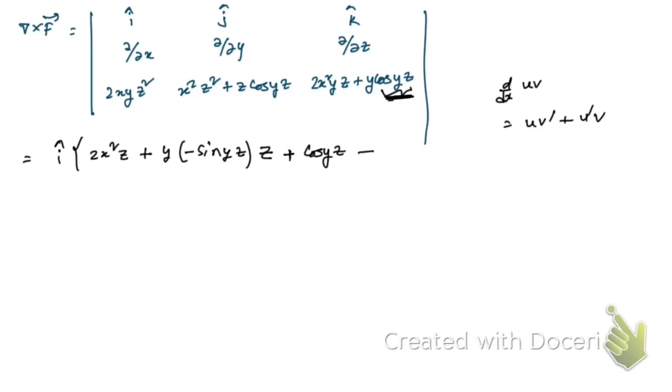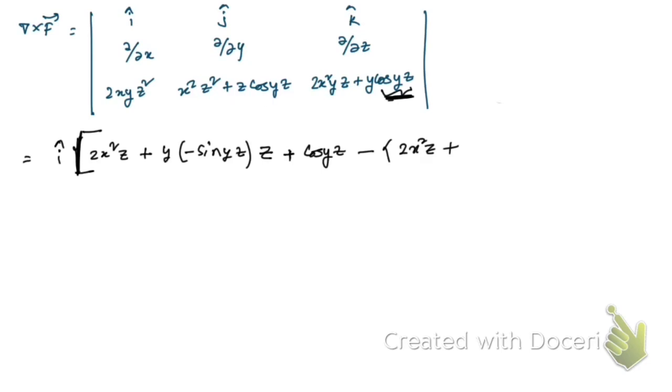Okay, so now what we can do here, just wait, let me clean this. Now you see, as we have minus, let's start a bracket. Let me use a square bracket here. If you differentiate this with respect to z, then what we're going to have is 2x squared z, then plus, again we're going to use the product rule.